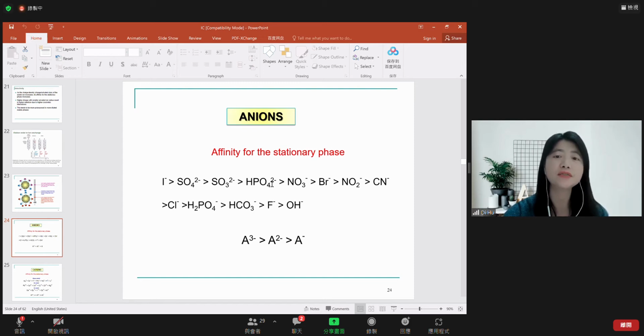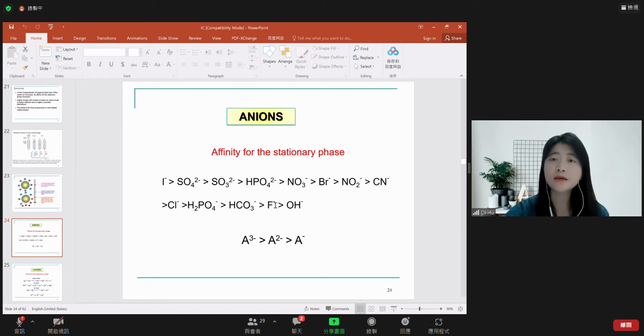We also have to pay extra attention to multi-charged ions such as phosphoric acid. Depending on pH, it can be hydrogen phosphate, dihydrogen phosphate, or just phosphate ion, with single, double, or triple charge, and that determines elution order.